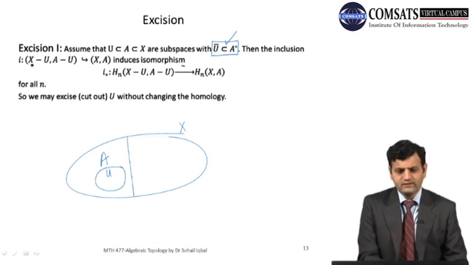Then we have the following inclusion: X minus U is contained in X, and A minus U is contained in A, which induces the following isomorphism.